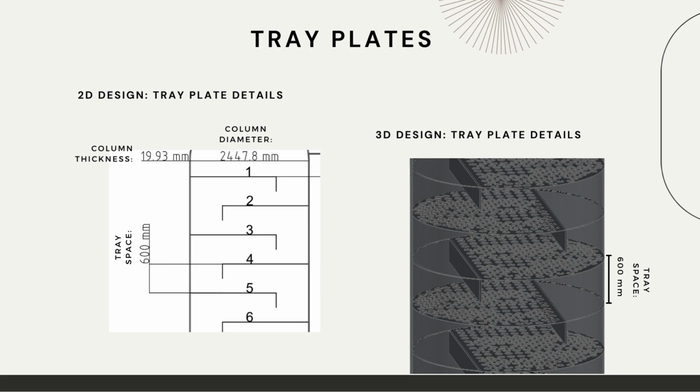In the 2D view, the tray plates are arranged in a manner that maximizes the efficiency of the distillation process, with clear indication of the spacing and alignment. The 3D model provides a comprehensive visualization showing the column's cylindrical structure and the spatial arrangement of the trays within. This detailed design ensures optimal flow and separation within the column, adhering to the specified dimensions for effective operation.